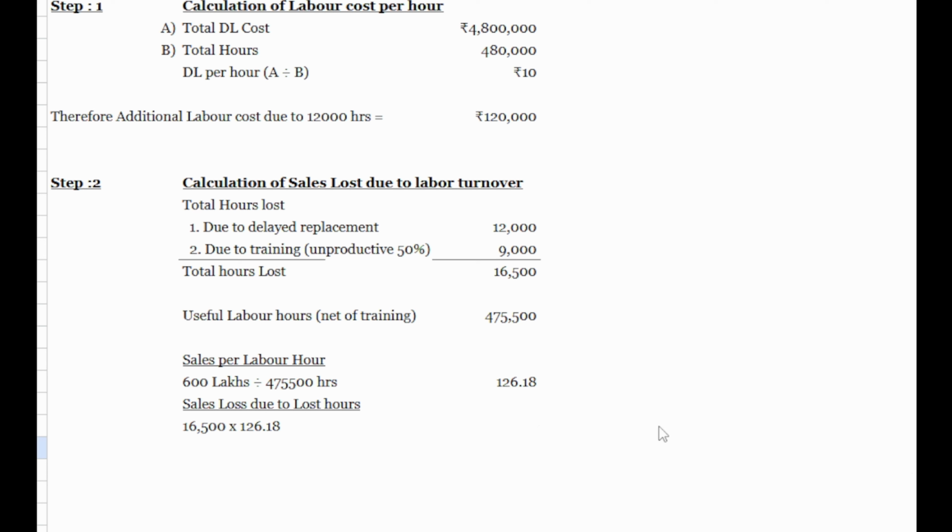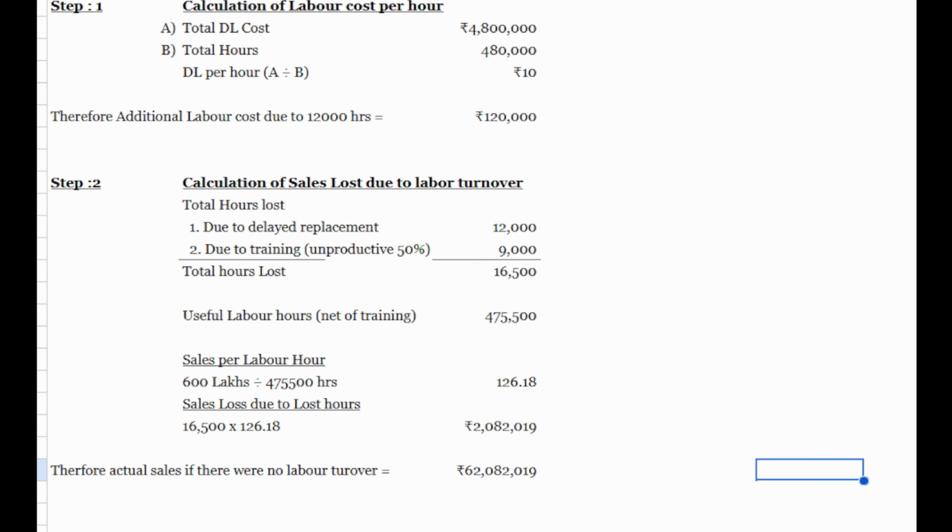This value will be 20 lakh 82,000, which is the sales loss. The actual of 600 lakh already reflects this sales loss. Therefore, the sales without turnover would be 600 lakh plus this value, so that is 620 lakh. This is the second step.